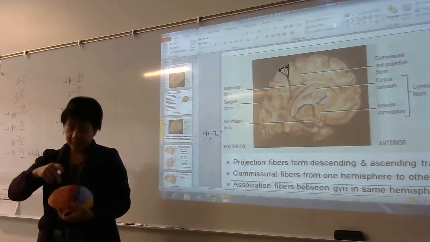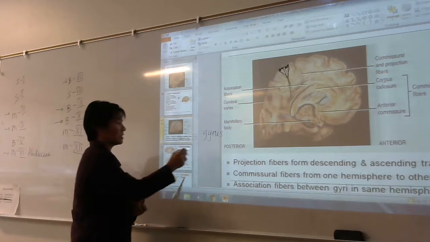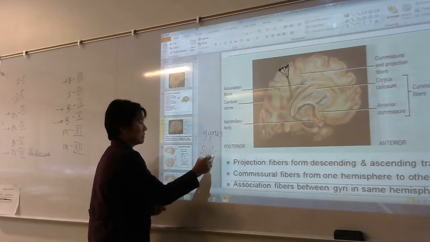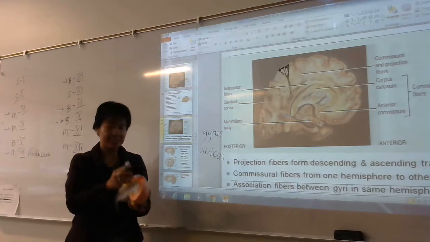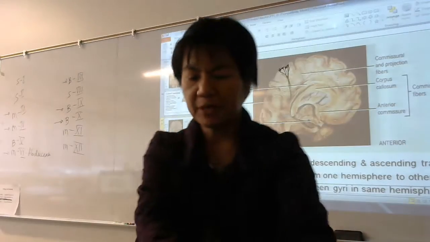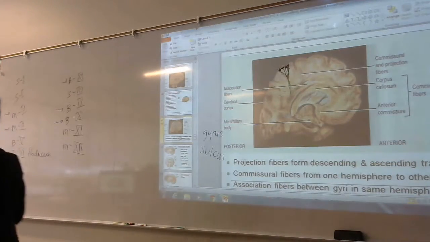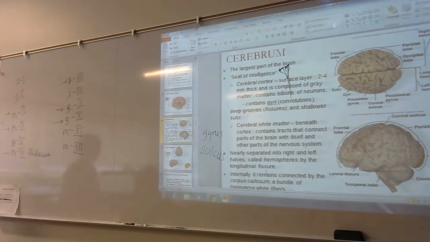And the groove is called a sulcus. A deeper groove is called a fissure. So this one right in the center is very deep, that separates the right and the left. You call that a fissure. So right here, see?